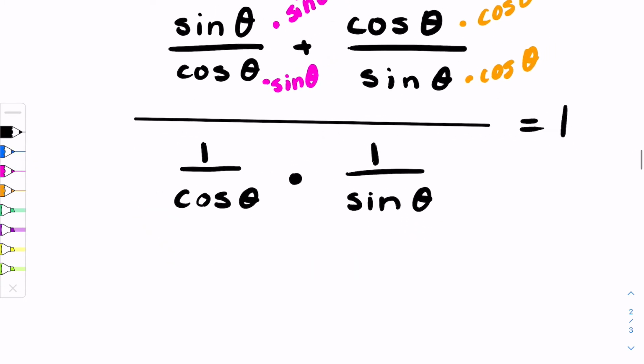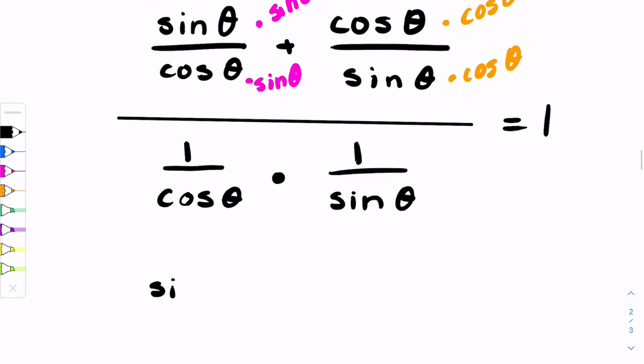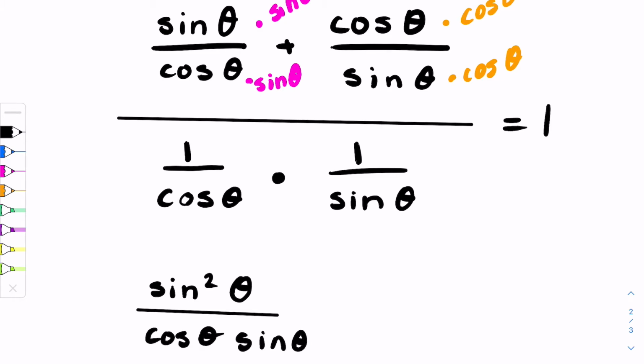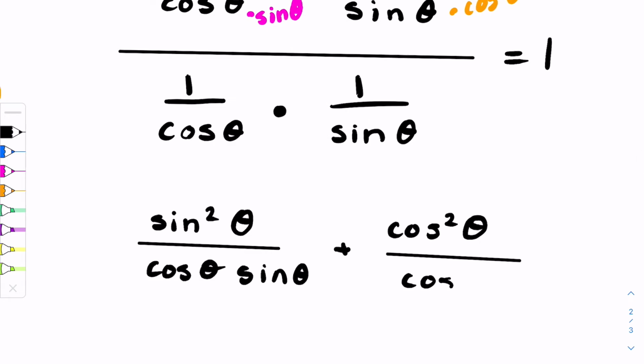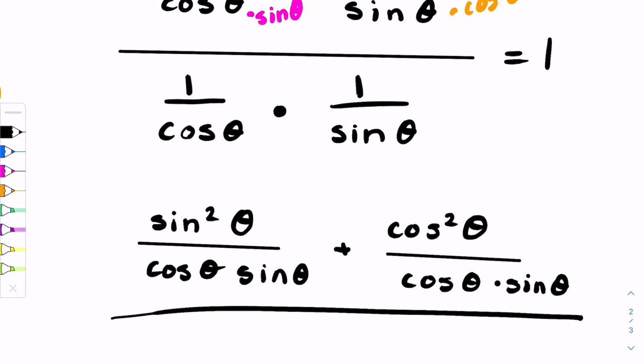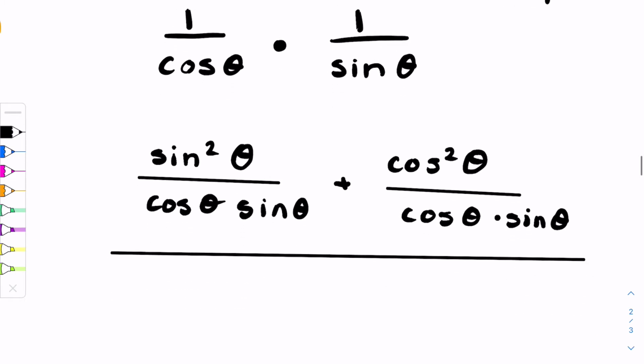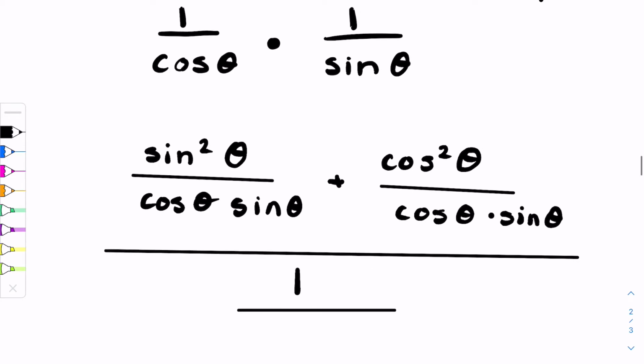So my new numerator becomes sine squared theta divided by cosine times sine plus cosine squared theta divided by cosine times sine. This is all divided by our simplified denominator, which is when we multiply the denominators together, and that gives us 1 divided by cosine times sine.